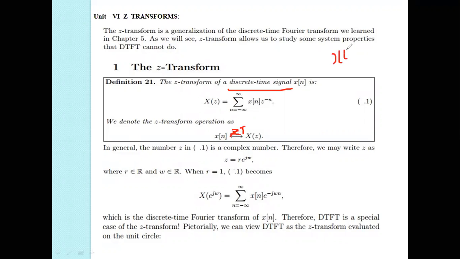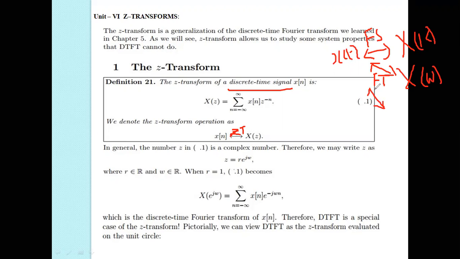What we discussed: x of t gives the Fourier series x of k. The same x of t, we can take the Fourier transform X of omega. The same x of t, we can apply the Laplace transformation, X of s. But now it is not x of t, it is x of n in the Z transformation.